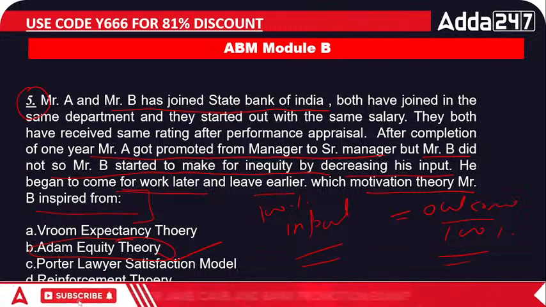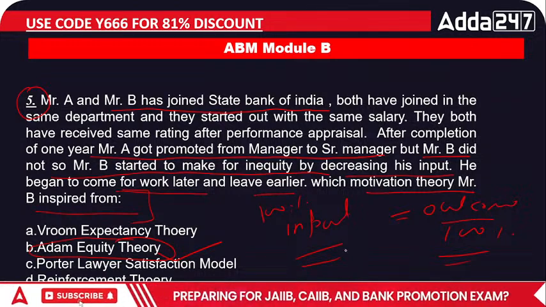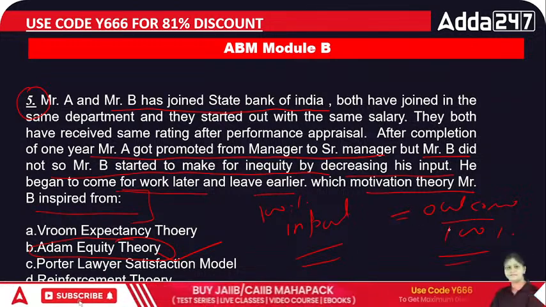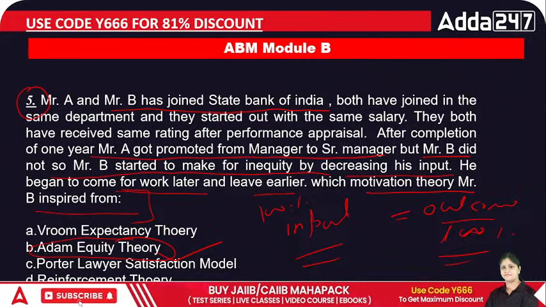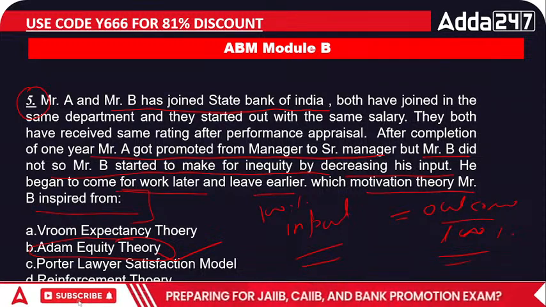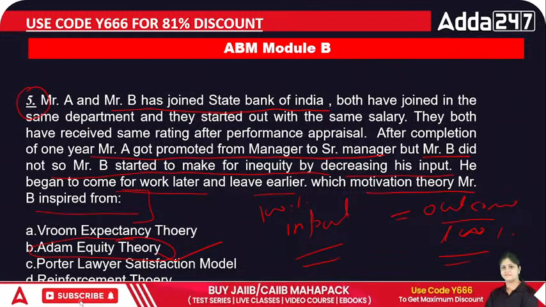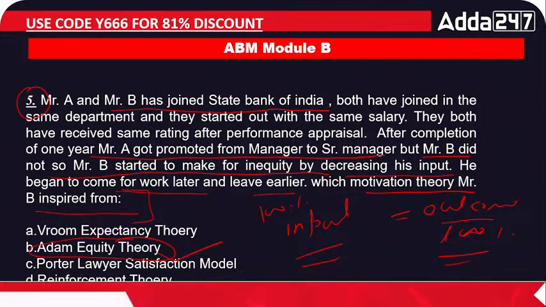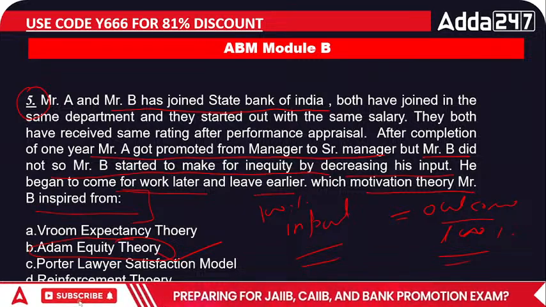If I am putting in my experience, my effort, my skills, then I should be getting the 100% outcome also. Otherwise, it will be unfair, right? So Adams has said that equity is all about fairness between two employees. Otherwise, they can feel very demotivated.